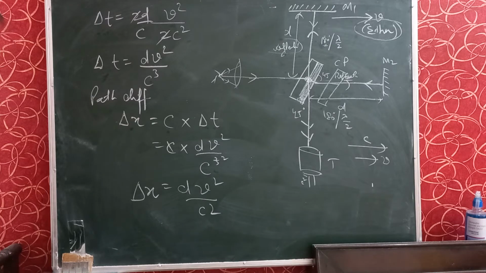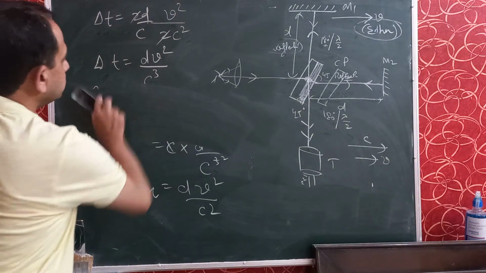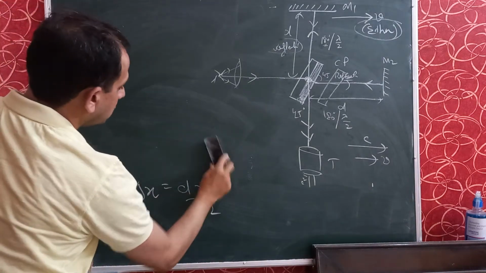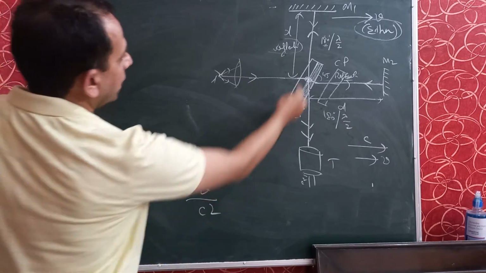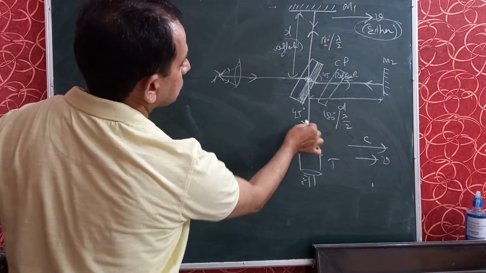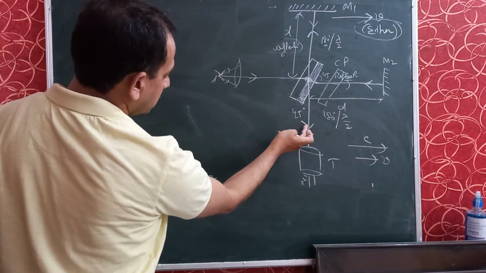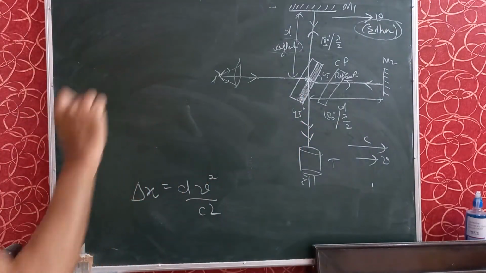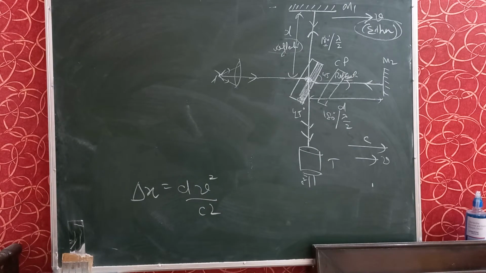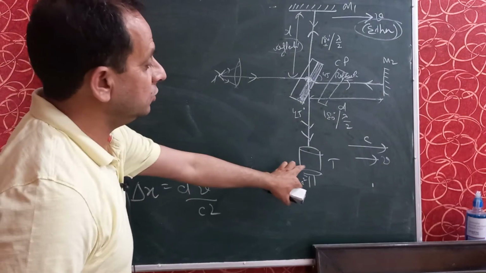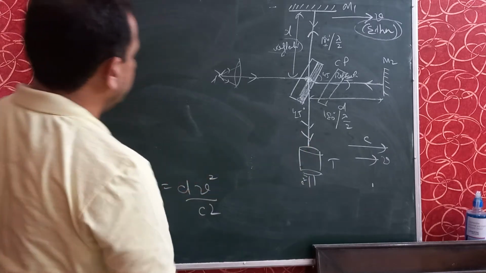Now, when there is a path difference, then there is a shift in the number of fringes. You know that when one light ray reaches this point at one time, and the second ray reaches this point after some time, there is a path difference. Due to that path difference, there is a shifting in the fringes, which will be observed in the telescope.